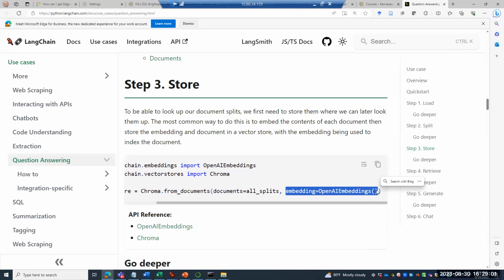If we have 20 words, let's say, as a chunk size, and you provide this embedding function, OpenAI embeddings, it's going to generate a feature vector for you. Maybe the feature vector size is 1000, representing those 20 words. For every chunk, you are going to have that feature vector.